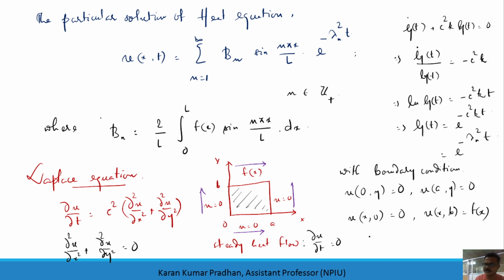So the solution structure I'll just write for you, the eigenfunctions, how you are getting them, and the general solution or the particular solution for this one, depending on whether we are using the conditions or not.